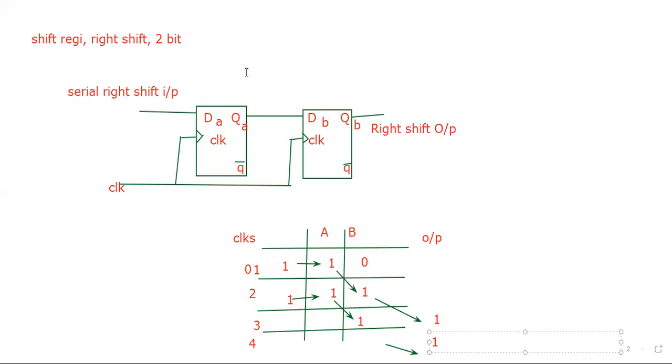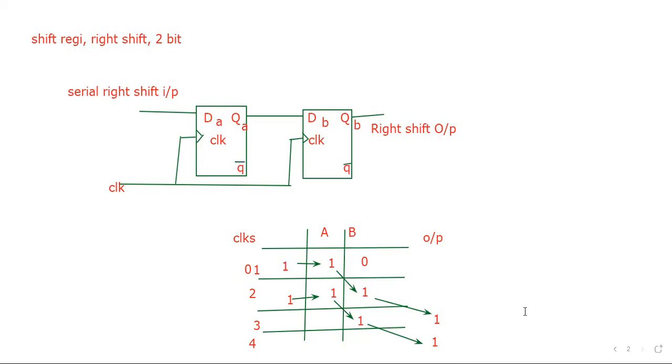Understand? So you can write like this for any number of bits, it may be 4 or 5 or anything. This way the data is shifted from one direction to another.